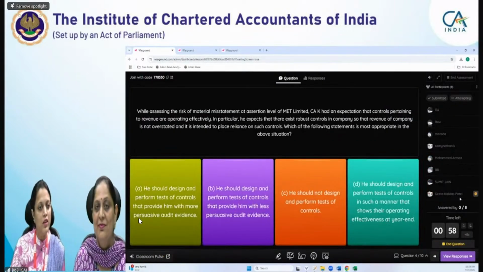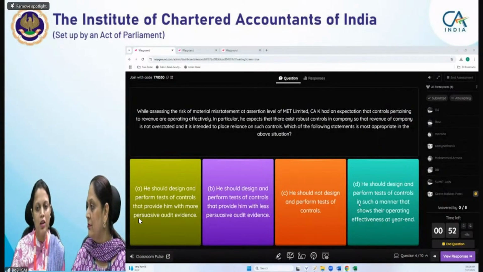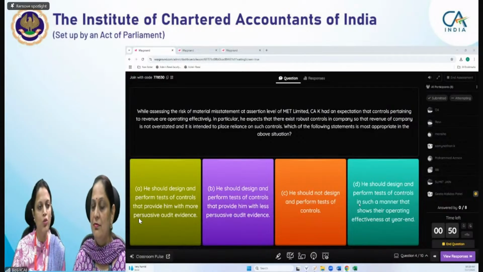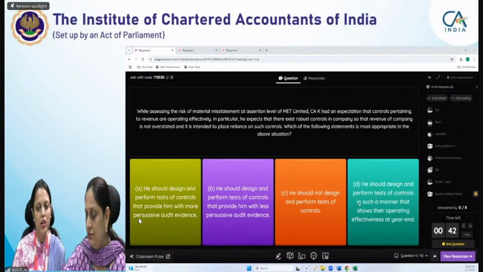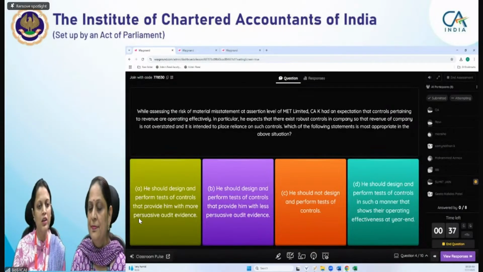While assessing the risk of material misstatement at the assertion level of MET Limited, CA K had an expectation that controls pertaining to revenue are operating effectively. In particular, he expects that there exists robust control in the company so that revenue of the company is not overstated, or he intends to place reliance on such controls.